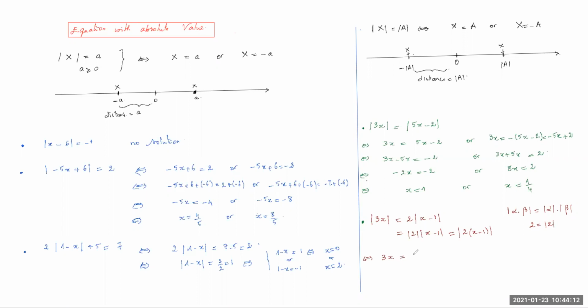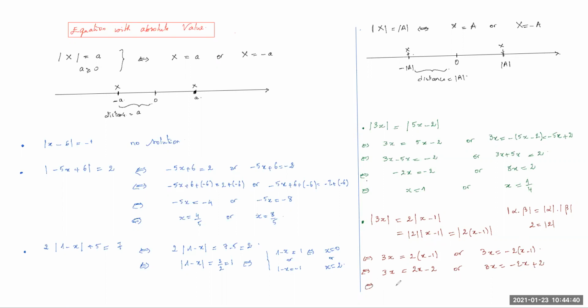This gives me the possibility 3x equal 2 times x minus 1, or 3x equal to the opposite, minus 2 times x minus 1. Now I need just to work on my equations of first degree. So I have 2x minus 2, or 3x equal minus 2x plus 2. Then regroup the x's.